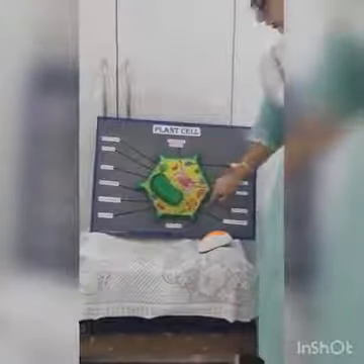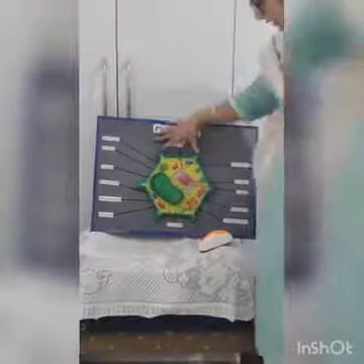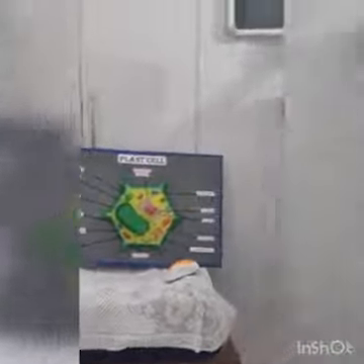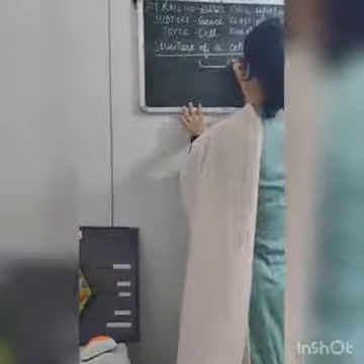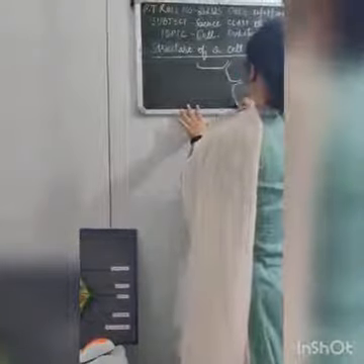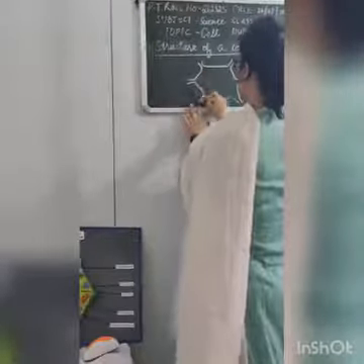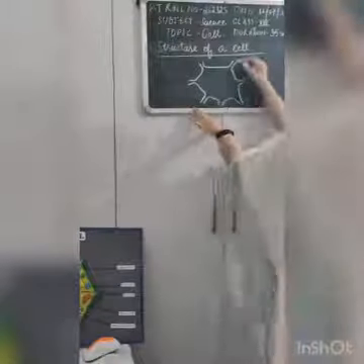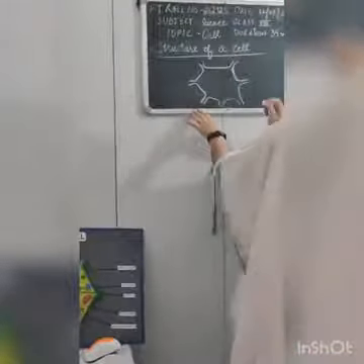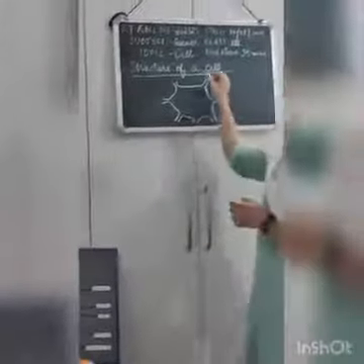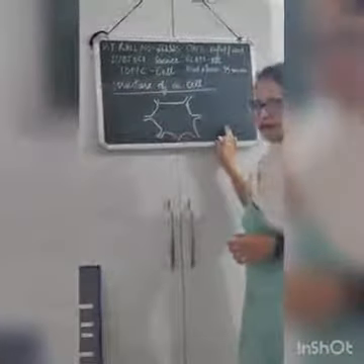First up, we have to see the outline of this cell. So this cell is formed like this, right? This is the outline of a plant cell.